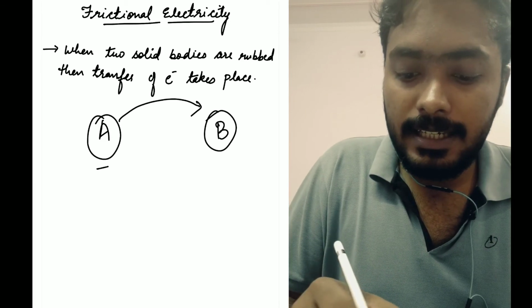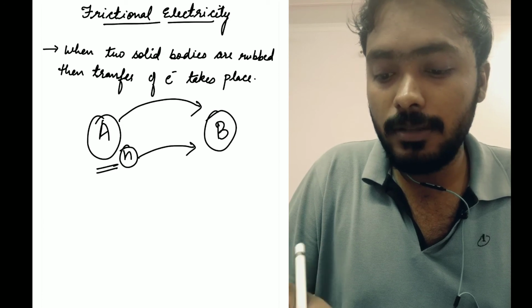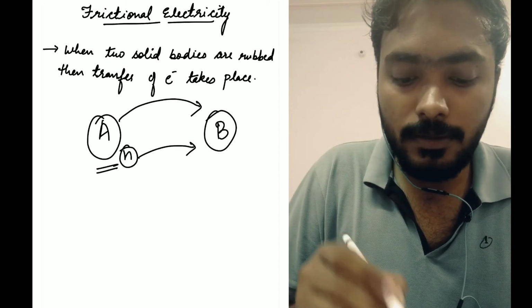For example, let's say this is body A, and n number of electrons have been transferred to body B. Now what is going to happen?